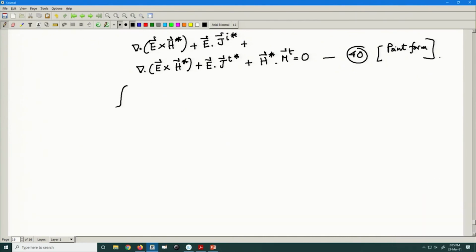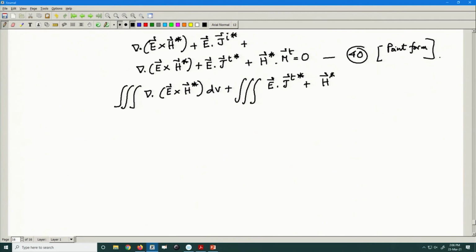So, we will say triple integral of divergence of E cross H star dV plus E dot J_t star dV equal to 0.